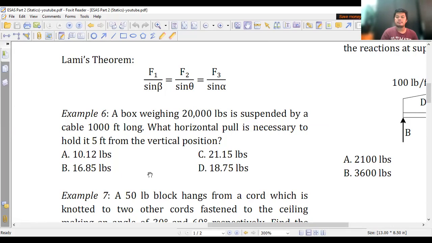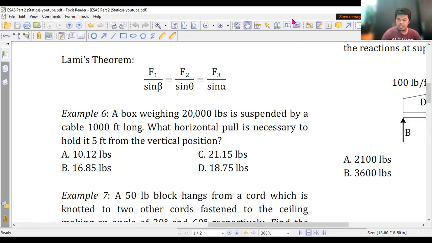In example number 6, we have a box weighing 20,000 pounds, suspended by a cable 100 feet long. What horizontal pull is necessary to hold it 5 feet from the vertical position?